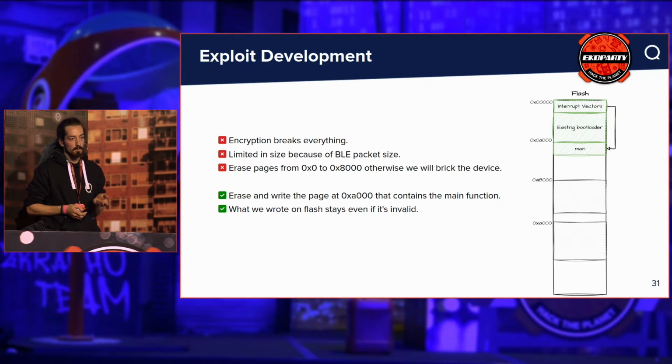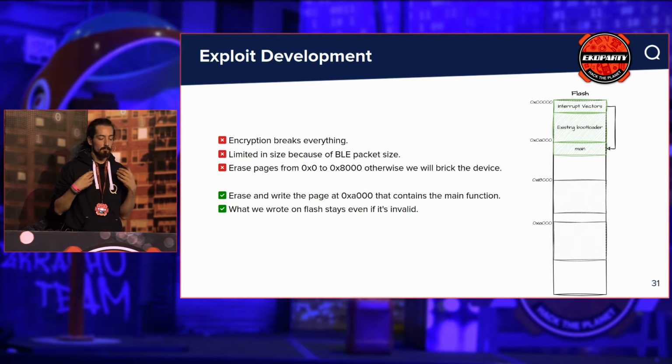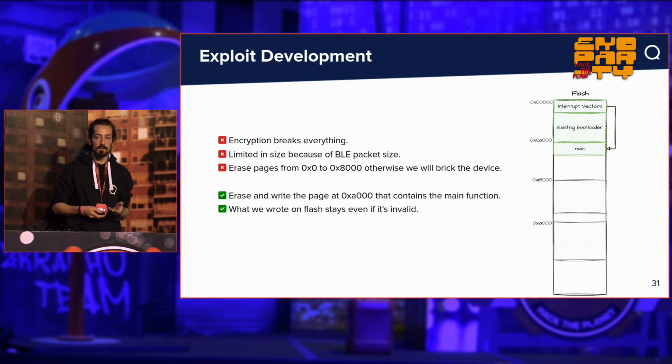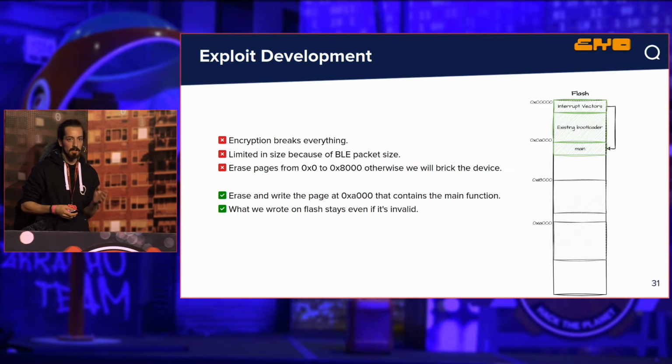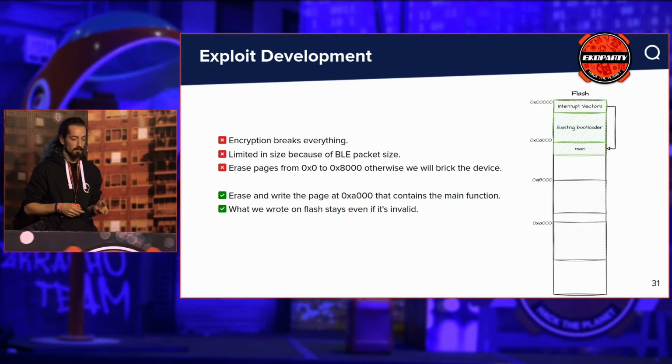The first thing is that if the encryption is enabled, we cannot exploit the chip because everything we send will first be decrypted using AES, and it will scramble everything. The second thing is that if we want to send, for example, a shellcode, it needs to be small because of the BLE packet size.